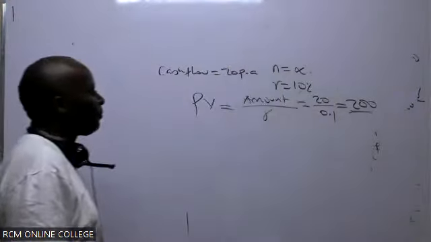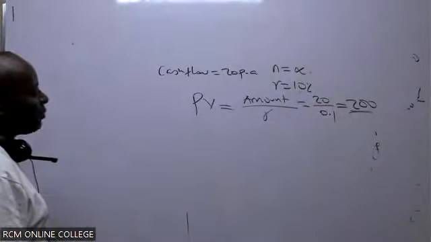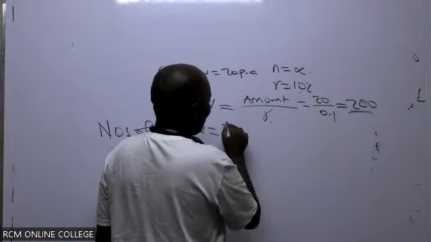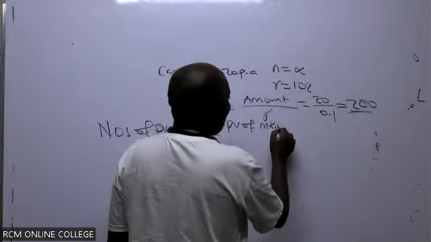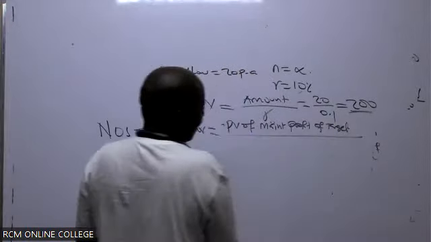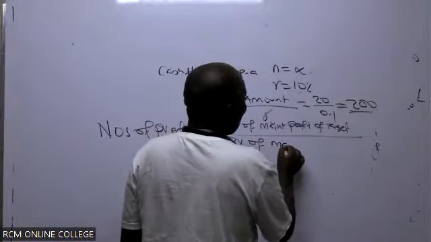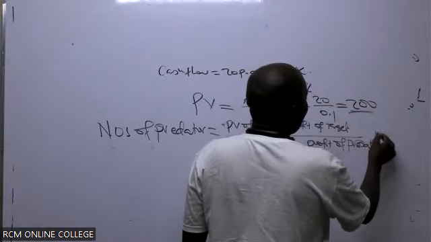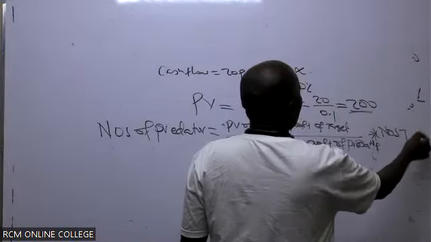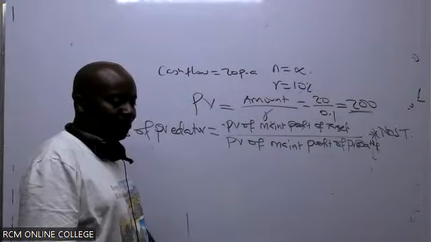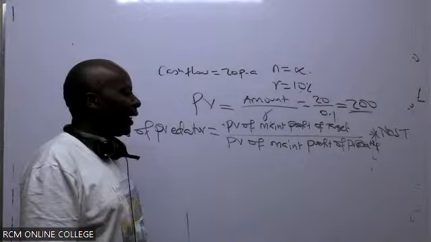Meaning that the number of shares of the predator will be equal to the present value of maintainable profits of the target, because we must start with the target up there, over the present value of maintainable profit of the predator, times NoT. NoT is normally the number of shares of the targeted company.